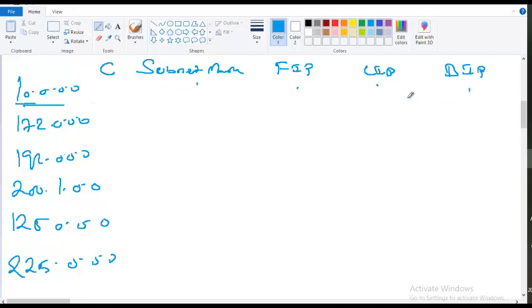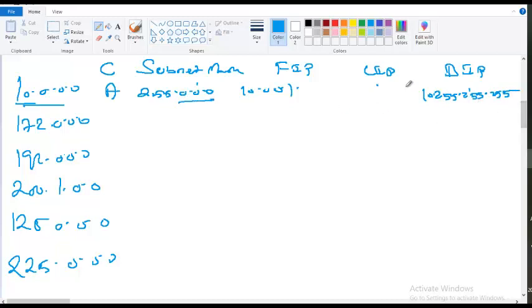I'll do one. For example, this is class A. Subnet mask is 255.0.0.0. The first IP is 10.0.0.1. The broadcast is 10.255.255.255, which means all the host bits are on.